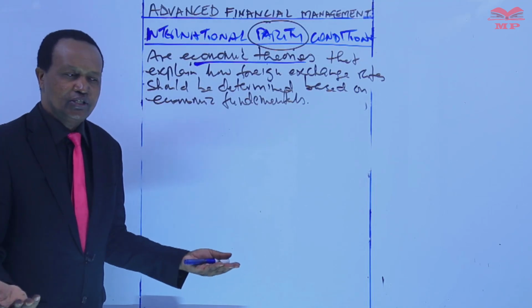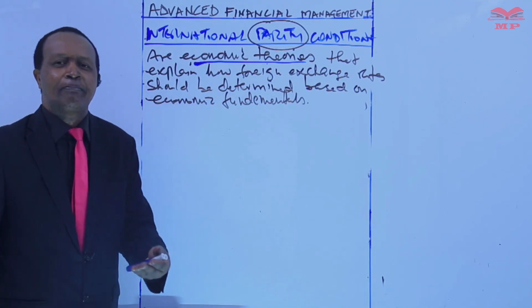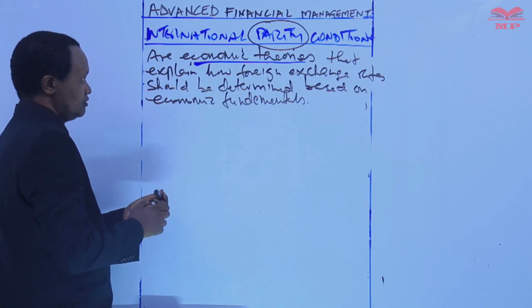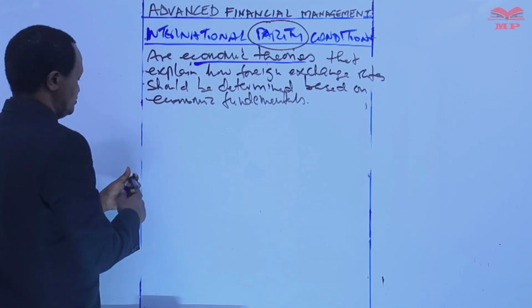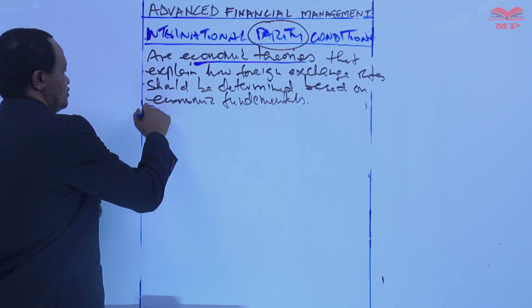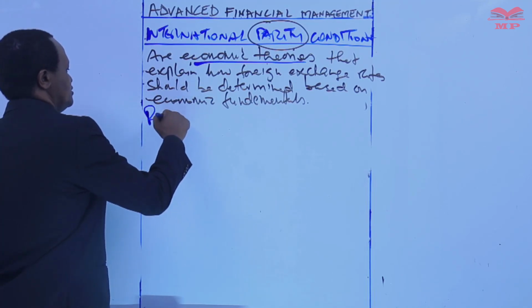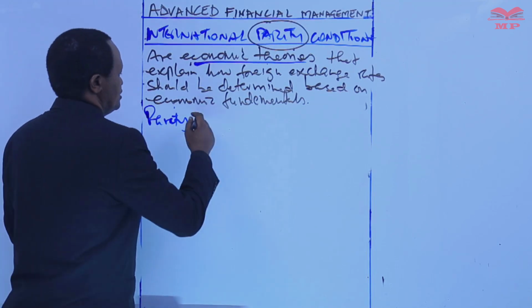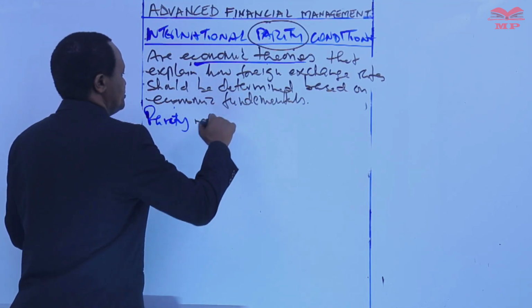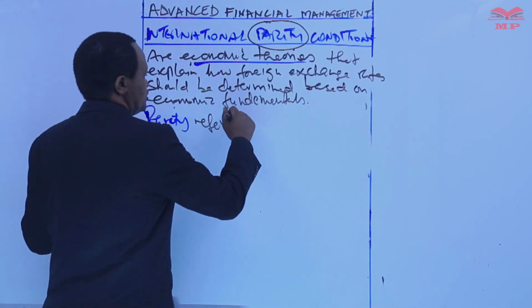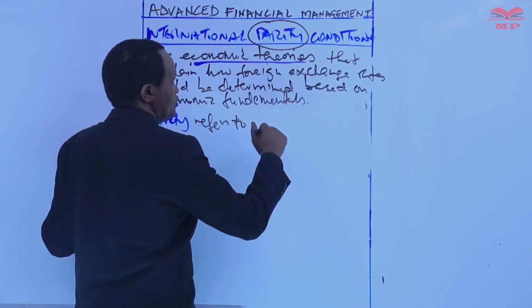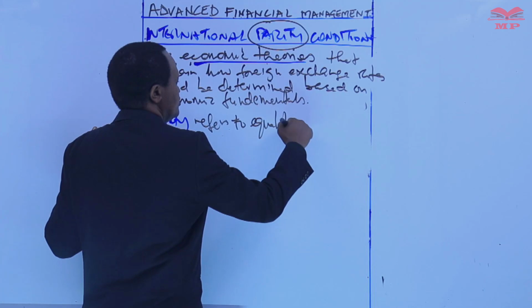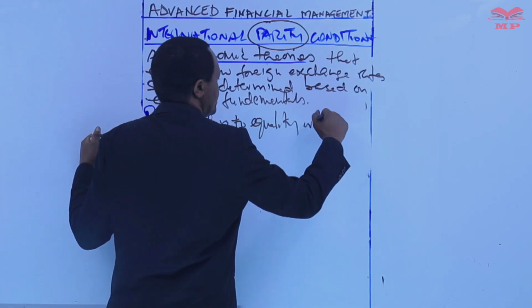examples could be the purchasing power parity. Parity, first of all, I'm saying, refers to, generally speaking, equality or sameness.